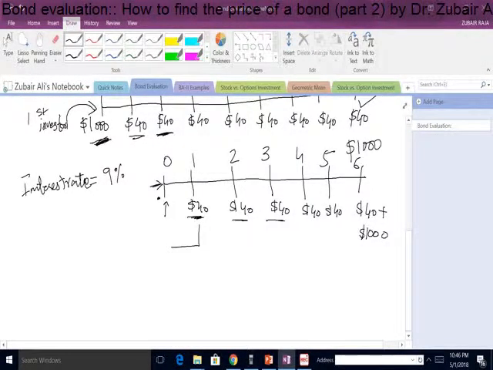So $40 divided by 1 plus 0.045. Why is it 0.045? Remember, the interest rate, which is 9%, is on an annualized basis, but the interest is being paid twice a year.